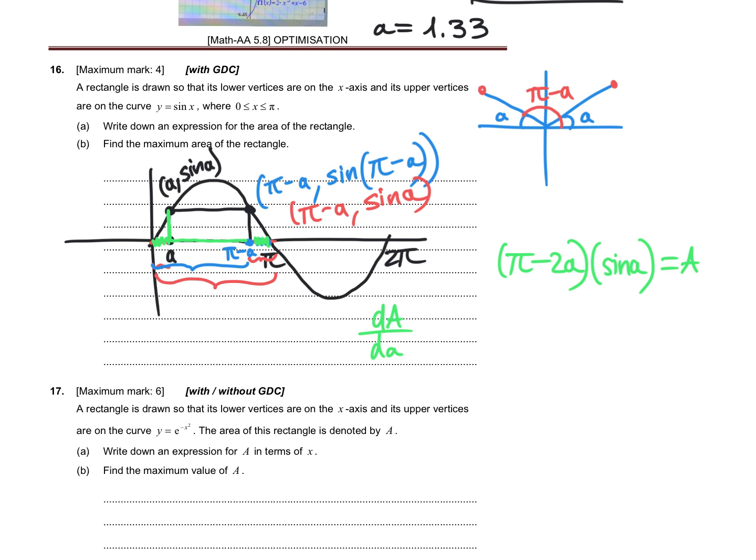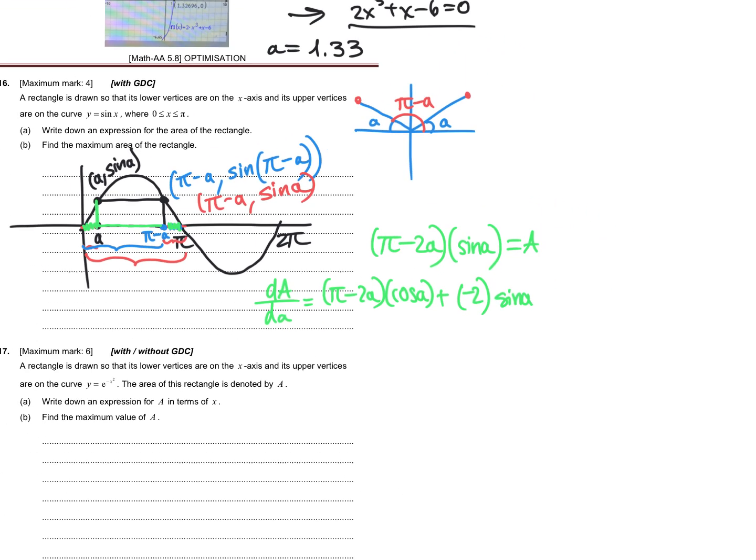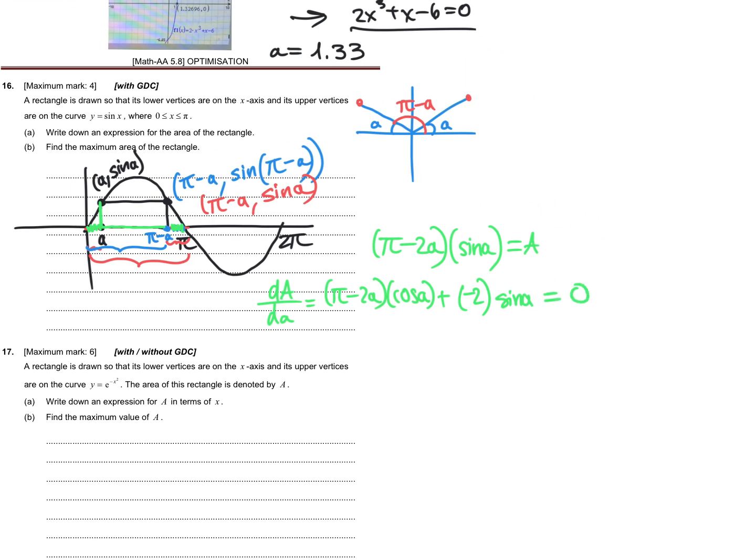Okay, so the derivative of A, I'm going to do product rule. So we have the first times the derivative of the second plus the derivative of the first, which is -2, times the second. And we would set this equal to 0.